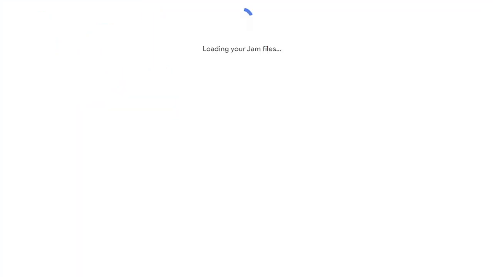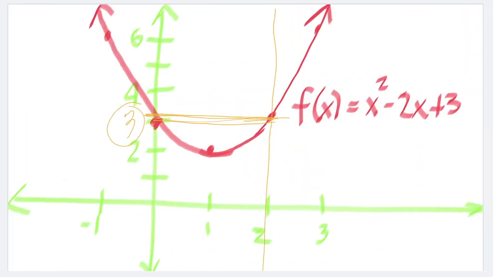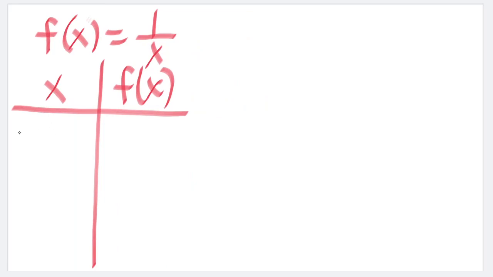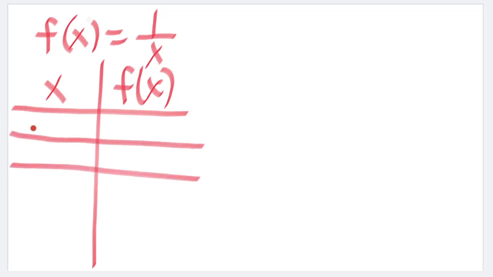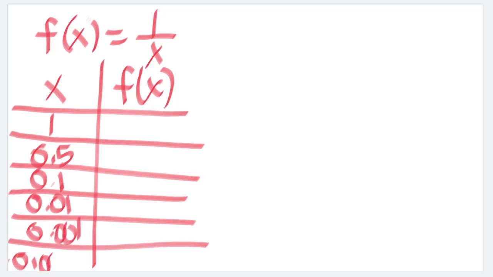I'll start from 1, then 0.5, let's say 0.1, 0.01, 0.001, and 0.0001.